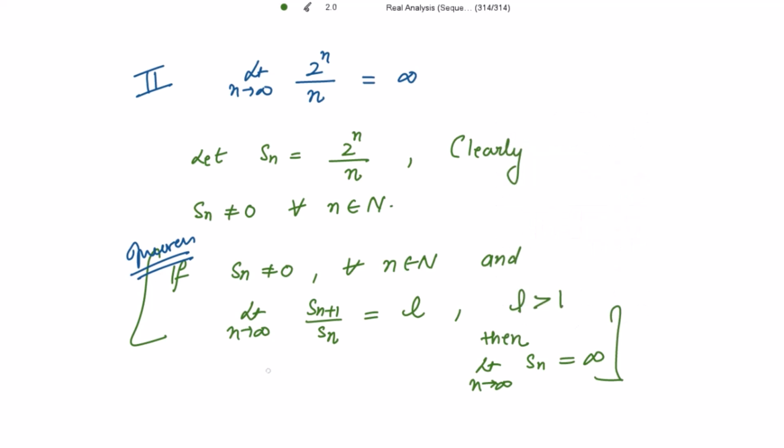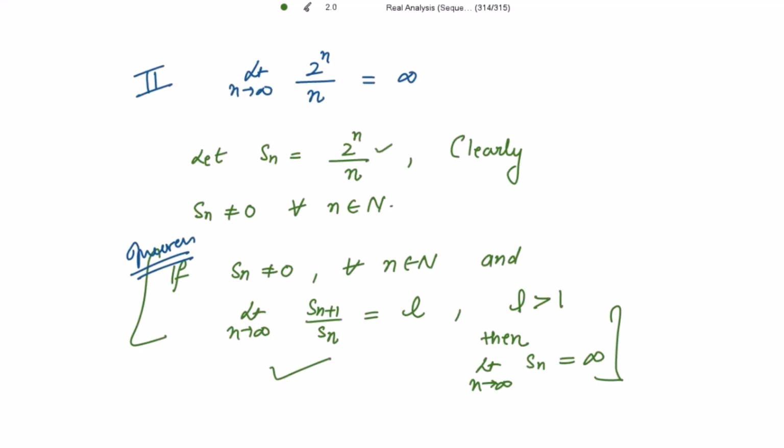Let's find out this limit L first. So limit n tends to infinity. What is Sn? It is 2 to the power n divided by n. But here we need Sn plus 1 divided by Sn. So limit n tends to infinity, Sn plus 1 becomes 2 to the power n plus 1 divided by n plus 1, and Sn is 2 to the power n divided by n.